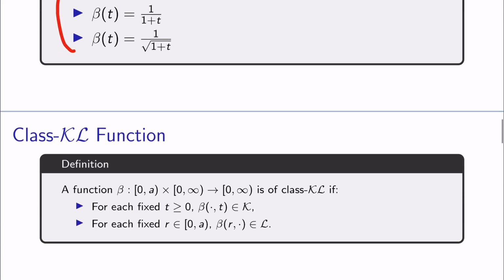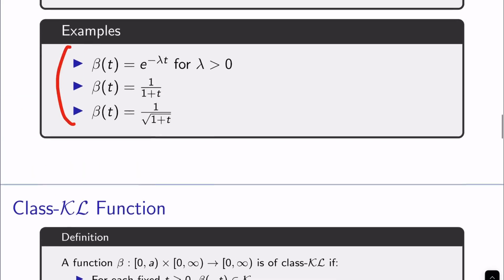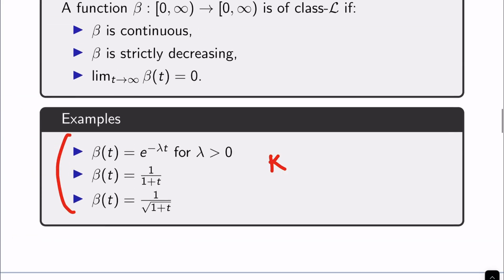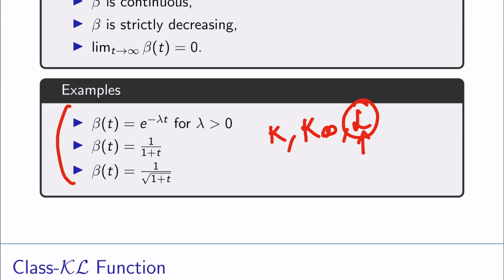All right. So now the class KL function. We will be using class K and class K infinity. I'm not sure about the direct usage of L, but I feel like L is the type of function class that will be used in the definition of class KL only.